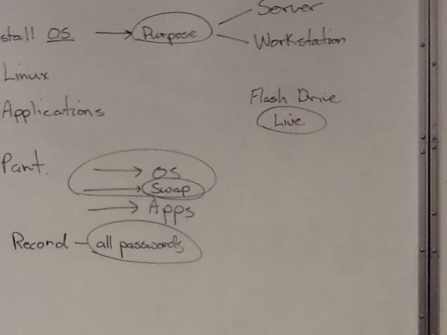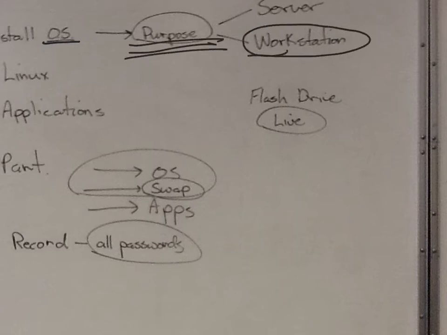We talked about installing an operating system, and the key thing when you're going to install it is, what's the purpose? Are you going to install for a workstation? You're going to install for a server? How are you going to install? You're going to use a flash drive, a live flash drive. Somewhere you have to determine what you're going to use the system for.